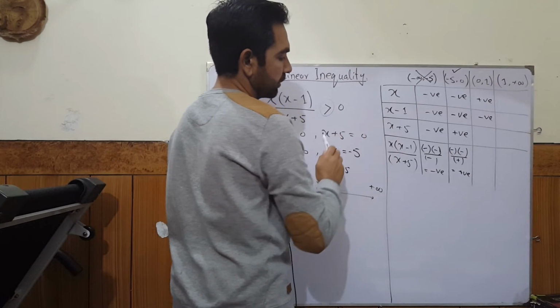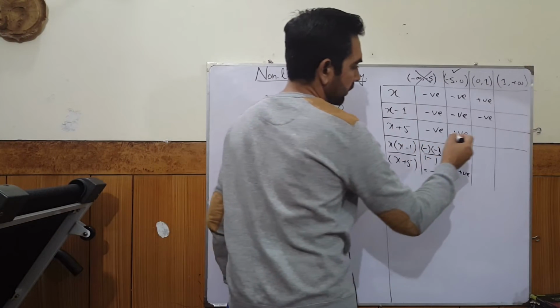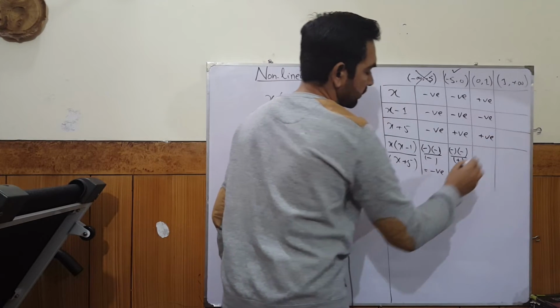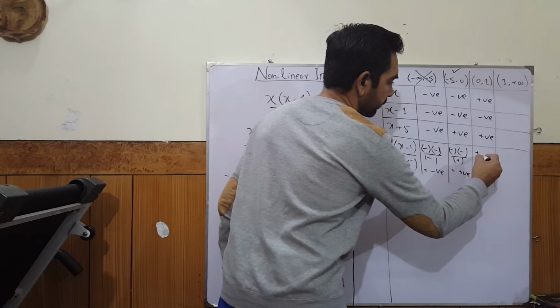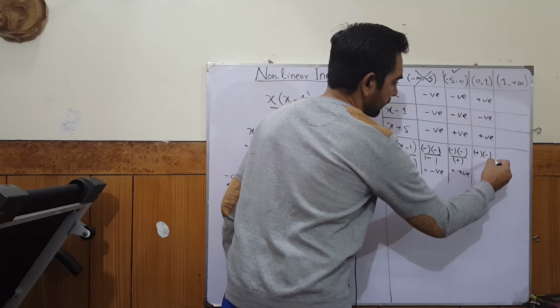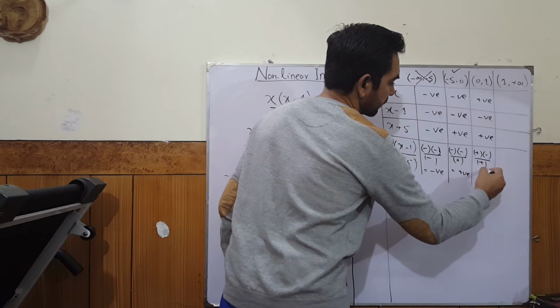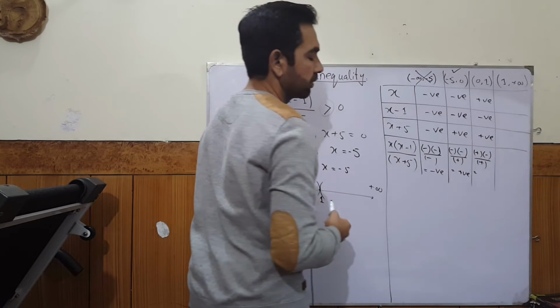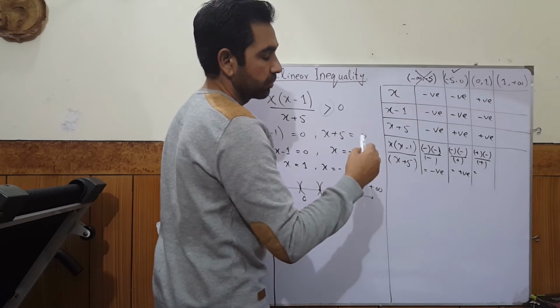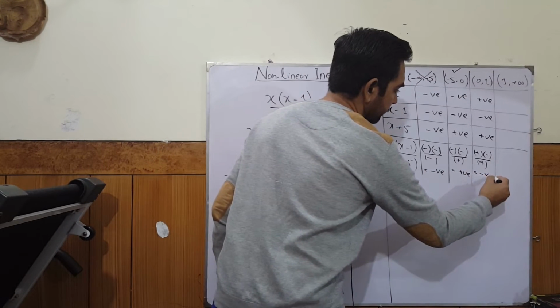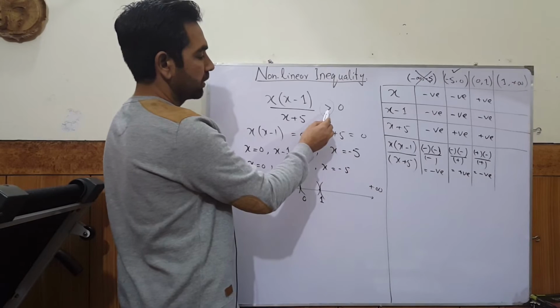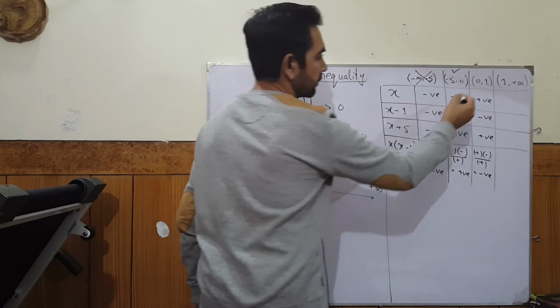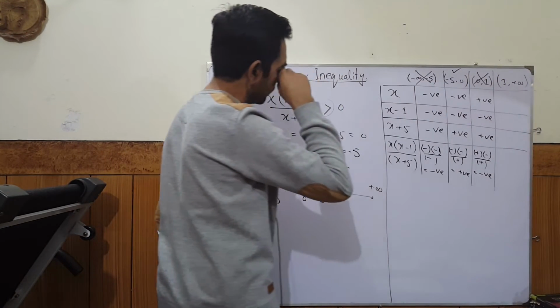Similarly, if I put half here, that would be 5.5, which is a positive. So we have a positive into a negative divided by a positive. Positive into negative gives me a negative, and divided by a positive gives me again a negative. And the inequality says that it has to be positive, so this one is not the solution interval.